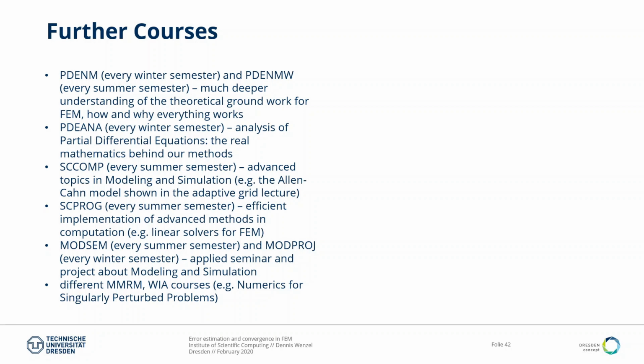Then we have scientific programming, which is also taught in summer. This deals with efficient implementation. That is also something we have completely neglected in this course, talking about efficiency. So efficient implementation for advanced methods, for example, good linear solvers, specifically defined for FEM, or in general, the implementation of fast assembly processes and so on. So this is more from a technical point of view.